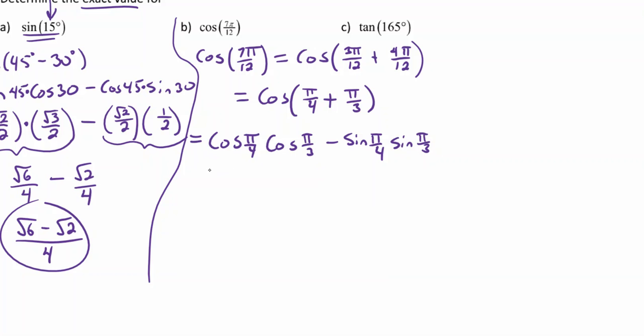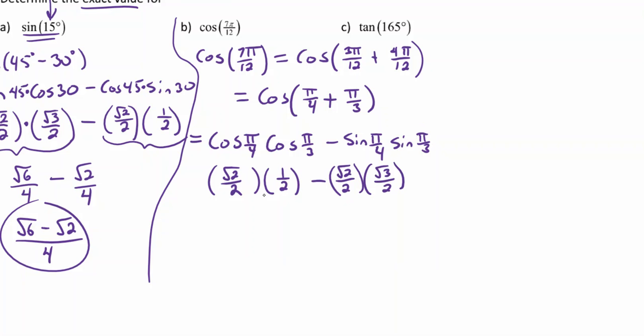So this first part will be cos at pi over 4, that's 45 degrees, right? That would be root 2 over 2. And then cos pi over 3, so the x value at pi over 3 would be a half, minus, and then sine at 45 degrees, or pi over 4, would also be root 2 over 2. And then sine at pi over 3 is going to be root 3 over 2.